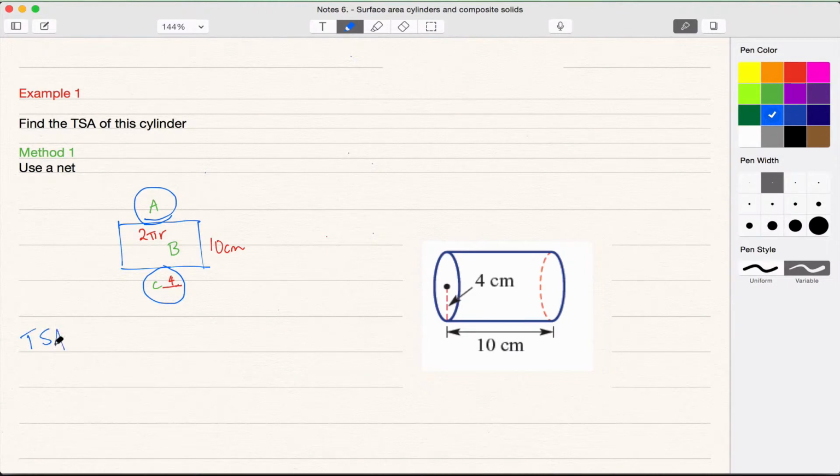Label my sides. TSA will equal A plus B plus C, equals 2 times pi r squared, which is the area of one of these circles, so 2 of those, plus, I'll make that C look a bit more like a C, plus 2 pi r times 10.